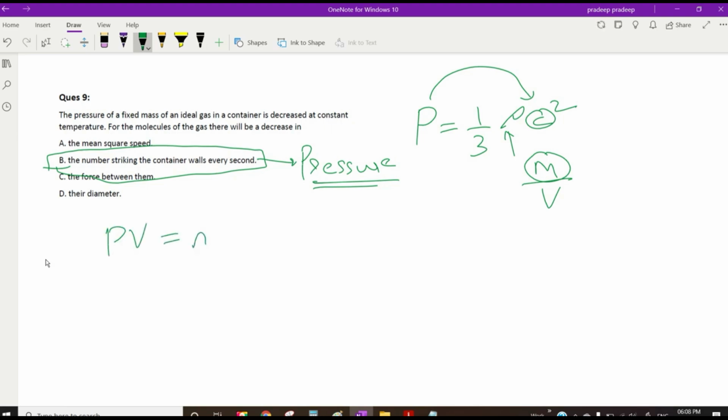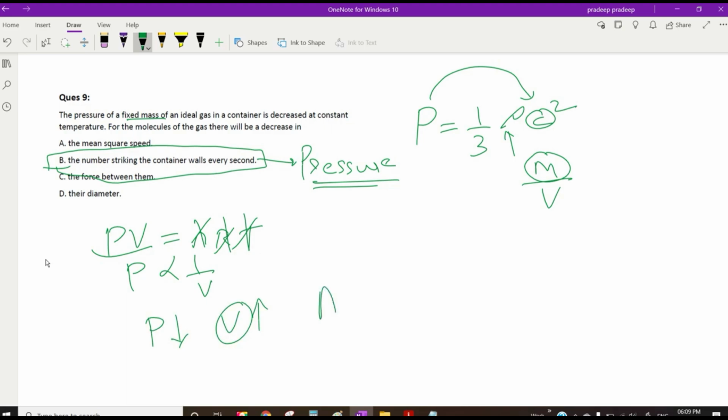PV is equal to nRT. In this case the temperature is constant, R is anyways constant, and since the mass is fixed, n is also constant, which means P is inversely proportional to volume. Now since the pressure is getting reduced, the volume will increase.